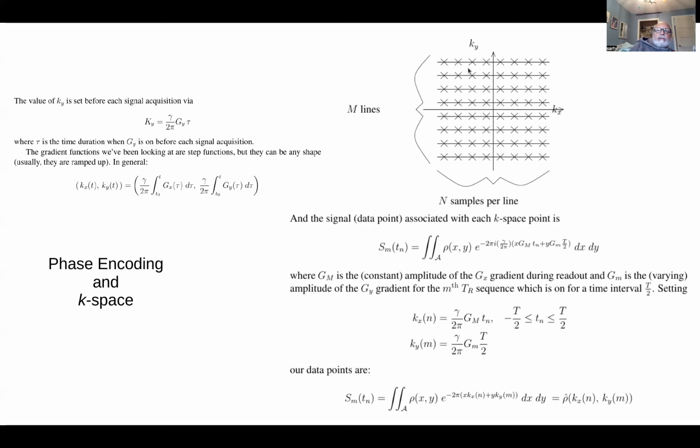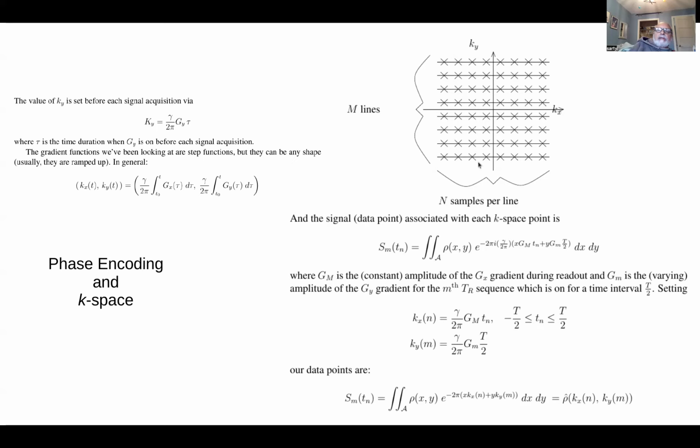You start off with a large area under that KY gradient. That'll put you up here. You reduce the area either by reducing the time of the pulse or the magnitude. Generally, we do reduce the magnitude of that pulse to keep your pulse sequence simple. And you get a different line in K space. The KY changes, but each time you collect your signal, you're getting the same KX values.